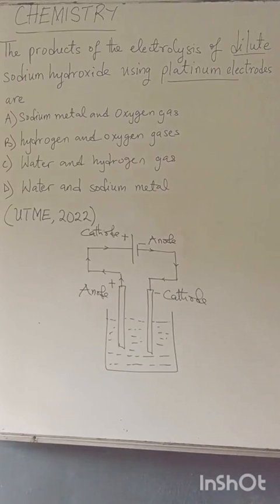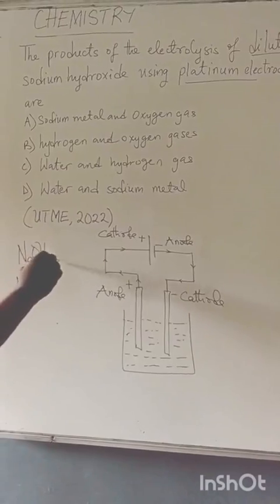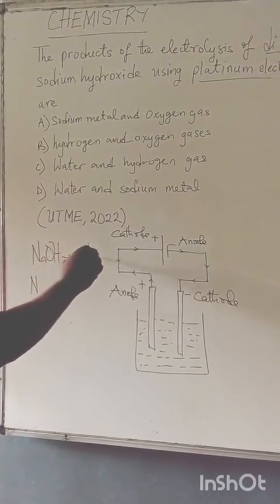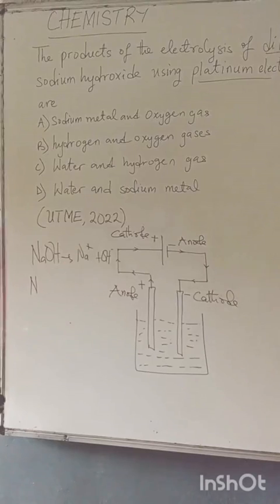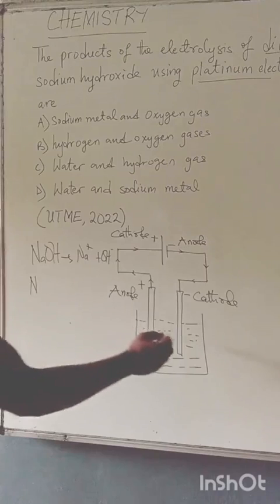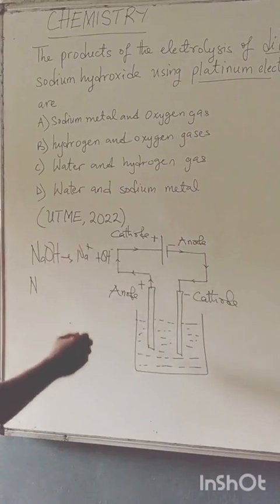Do you remember that when we ionized sodium hydroxide, NaOH, we obtained sodium ions and OH ions? Do you still remember? To which electrode will the sodium ions migrate?